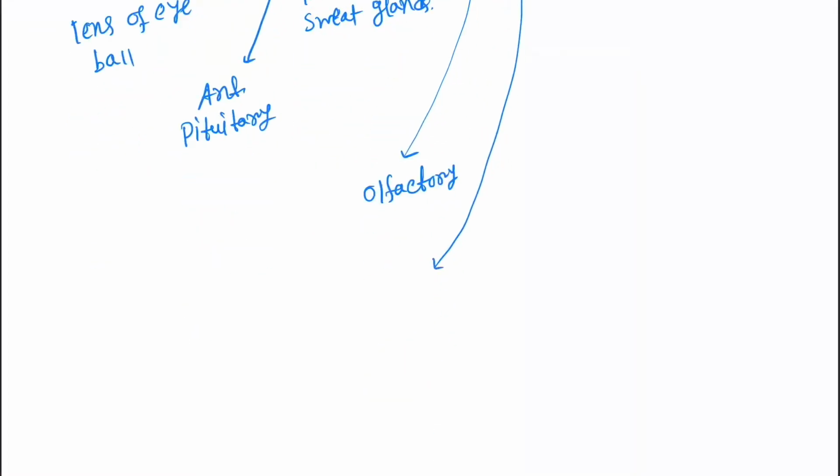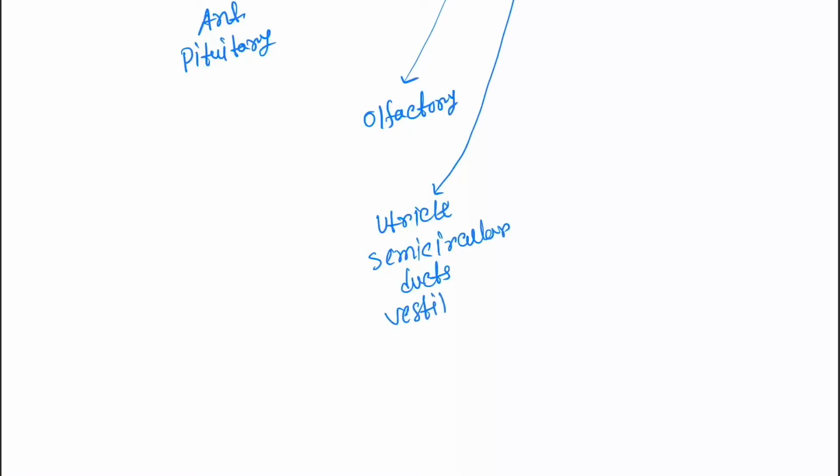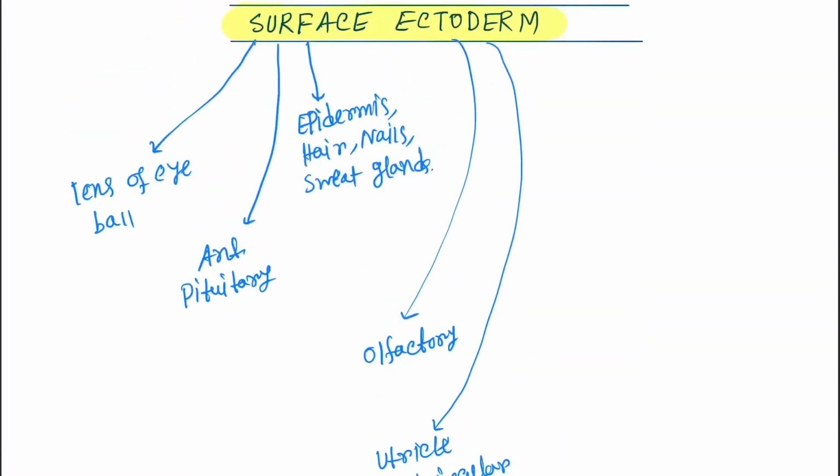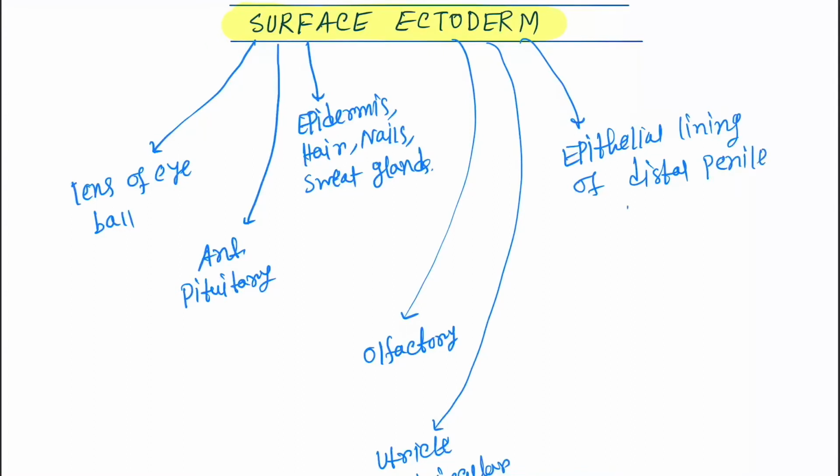Next the atrial, semicircular ducts, vestibuloganglia, and another one is epithelial lining of distal penile urethra.